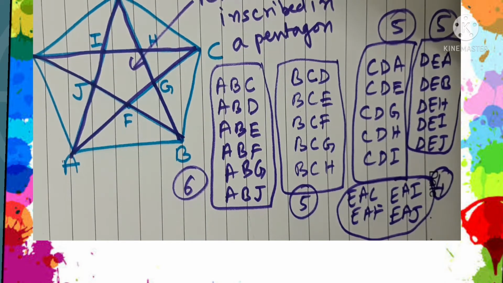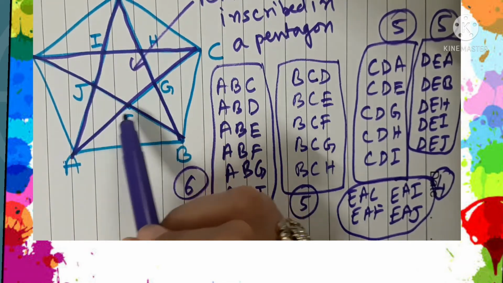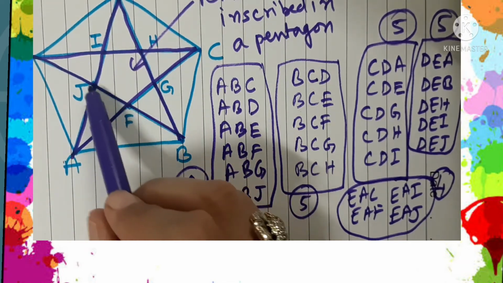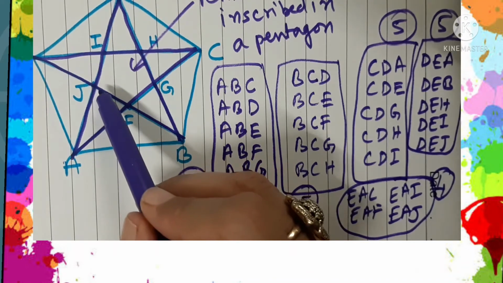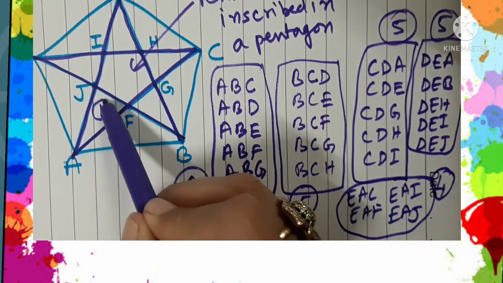Okay, now we see triangles with sides as the base of the interior pentagon, right? If JF is the base, we found JFA. This is one triangle.